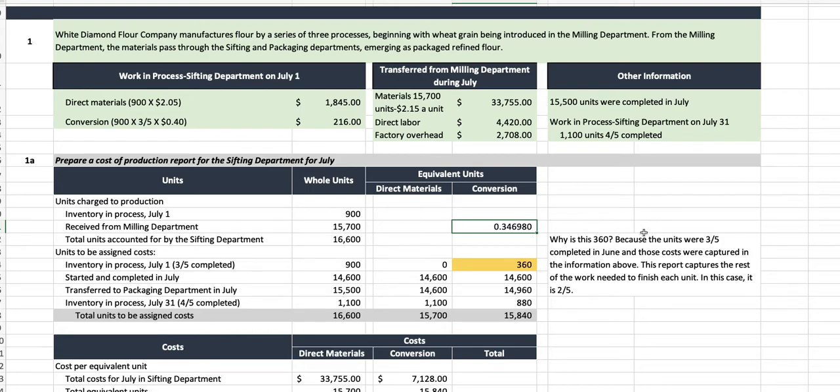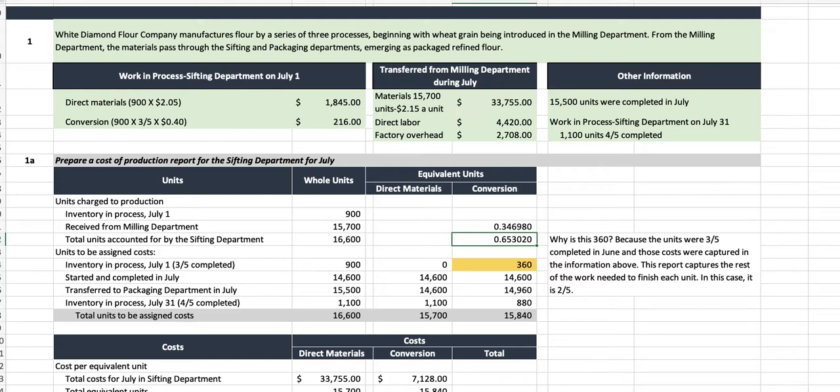There we go. And you're told that that's how much has been completed in the month of June. Therefore, you have to calculate the rest for July. It's easier to just be in the process of saying equals 1 minus what was already complete. And let me open that one up so you can see the number.